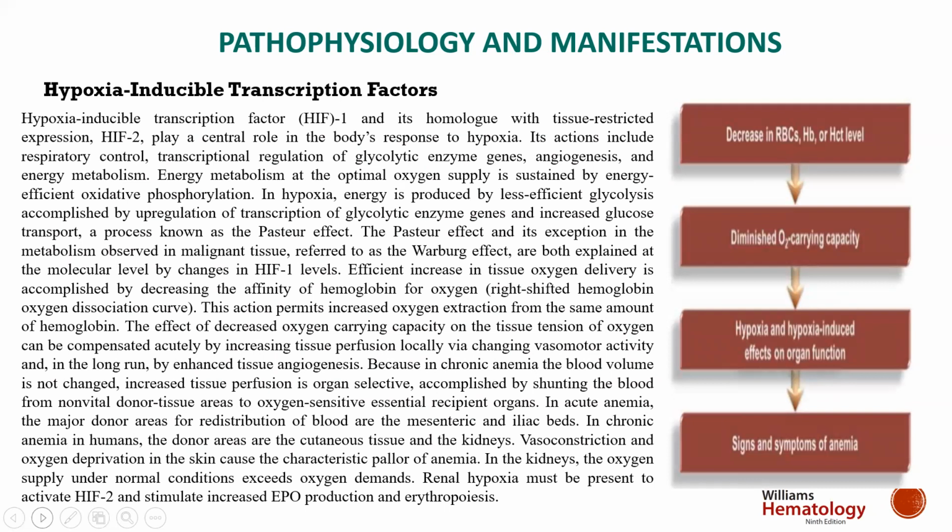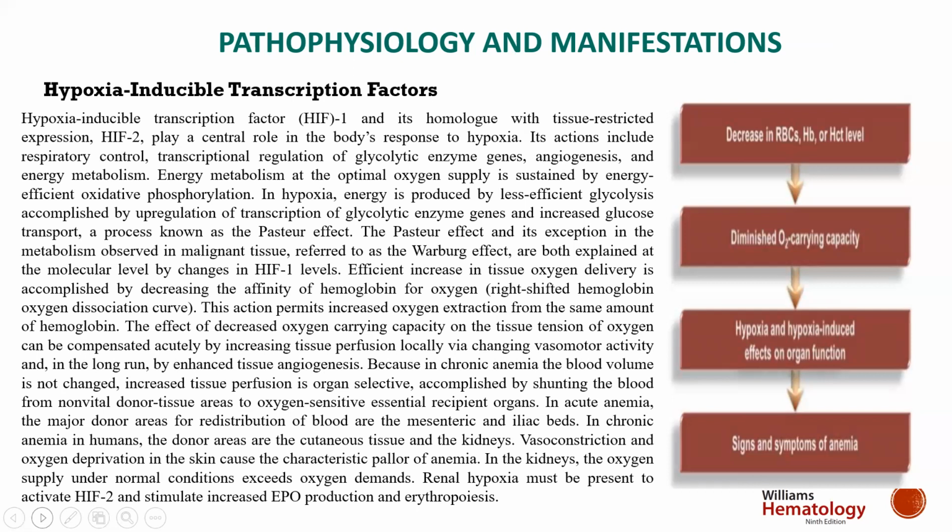Energy metabolism at optimal oxygen supply is sustained by energy-efficient oxidative phosphorylation. In hypoxia, energy is produced by less efficient glycolysis, accomplished by upregulation of transcription of glycolytic enzyme genes and increased glucose transport, a process known as the Pasteur effect.